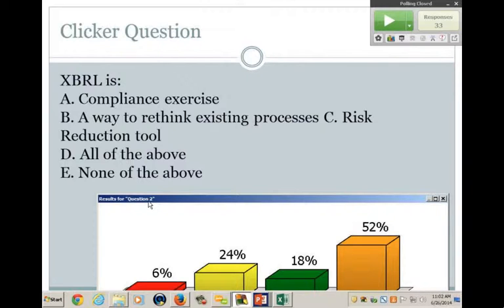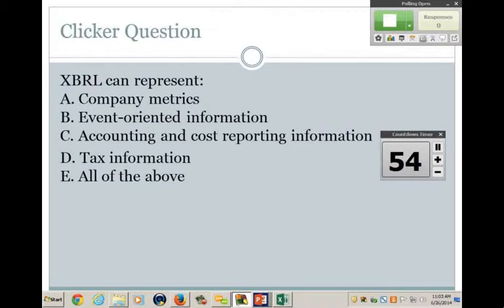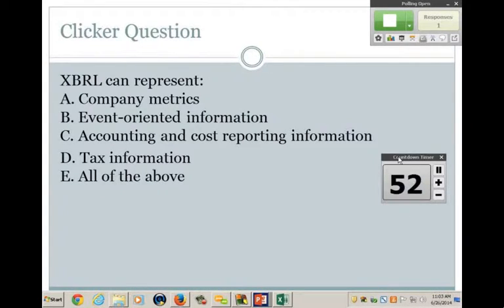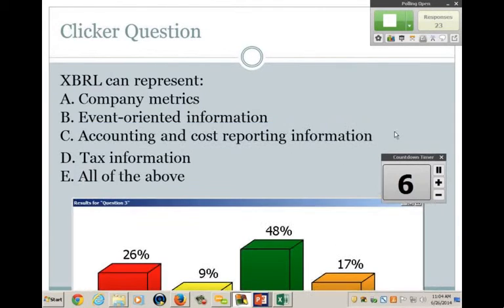Now, why does it reduce risk? Because you can monitor the data better. Yeah, automatic. Okay, so it's D, not E. Yeah, it's standardized. So I guess she's right. I think it's E.